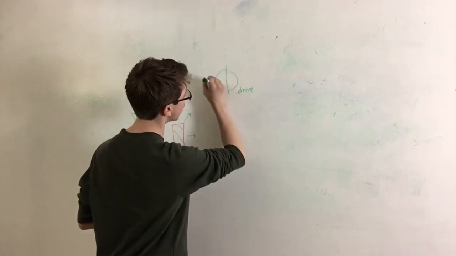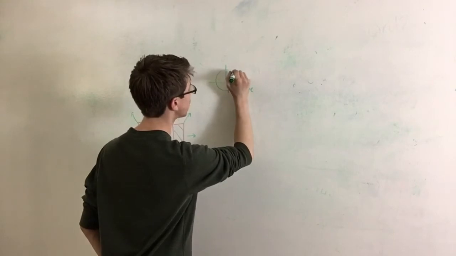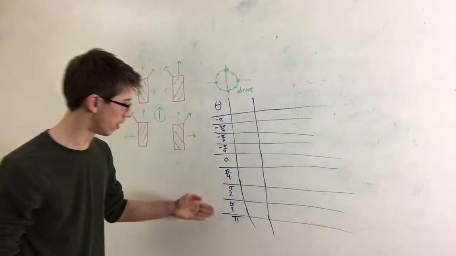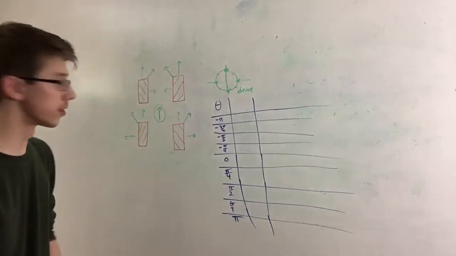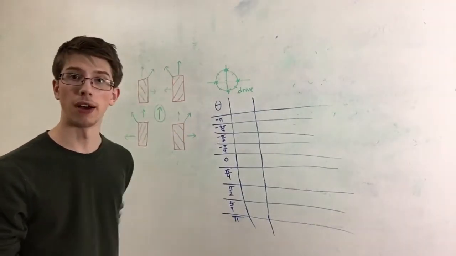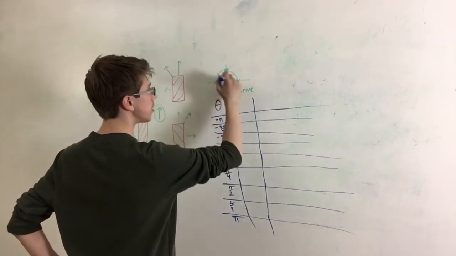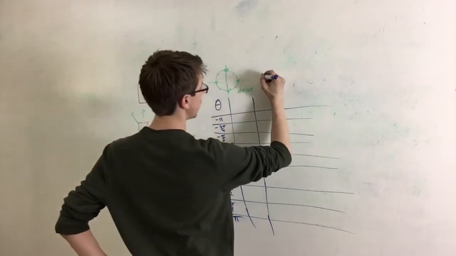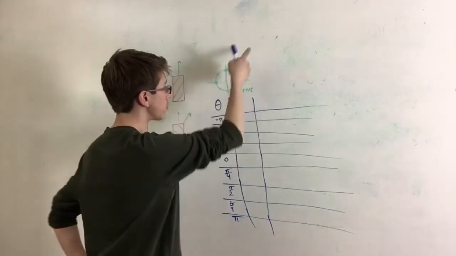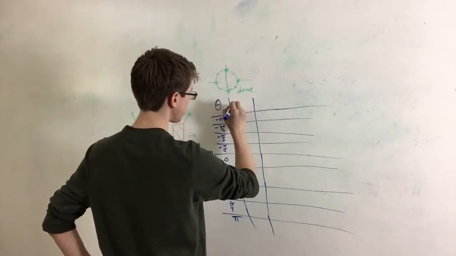If we think about it as a unit circle, then let's just look at a few significant points. Now we have all of our angles from negative pi to pi. So we have theta is what we'll refer to that angle as, the angle that the joystick makes on the unit circle.